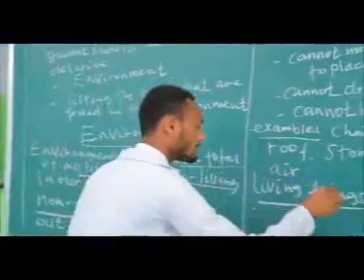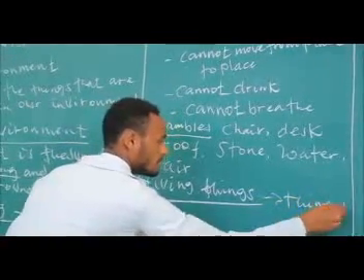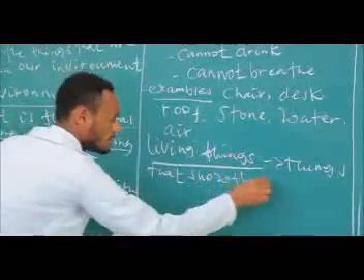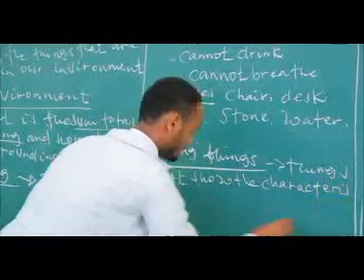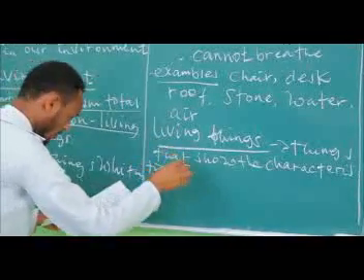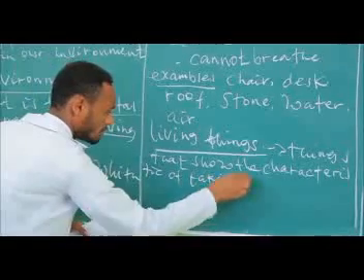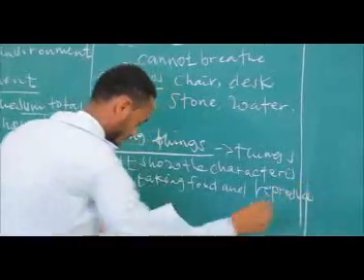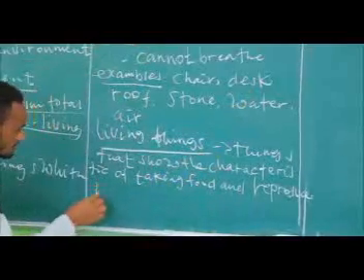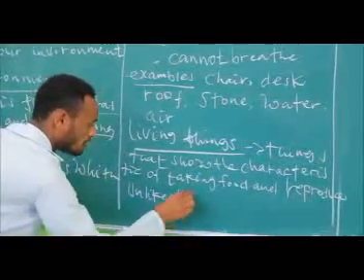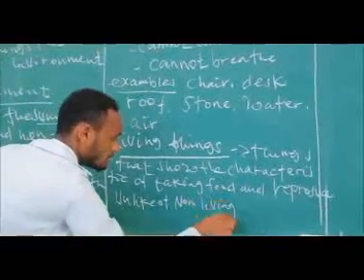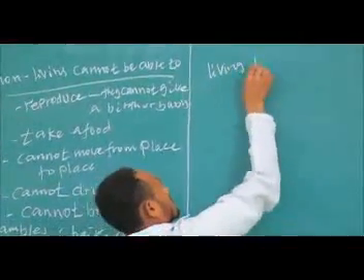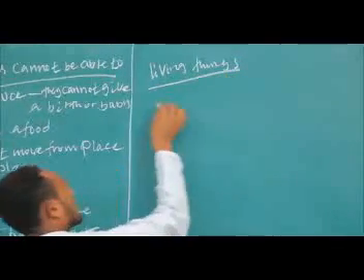They are things that show the characteristics of taking food and reproducing. Unlike non-living things, living things can reproduce.